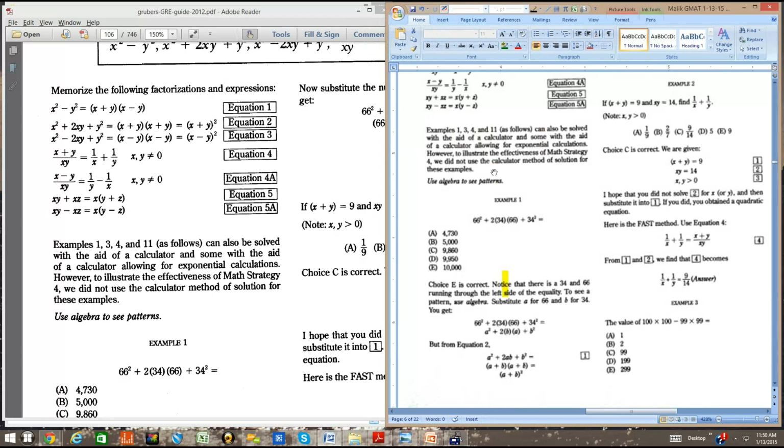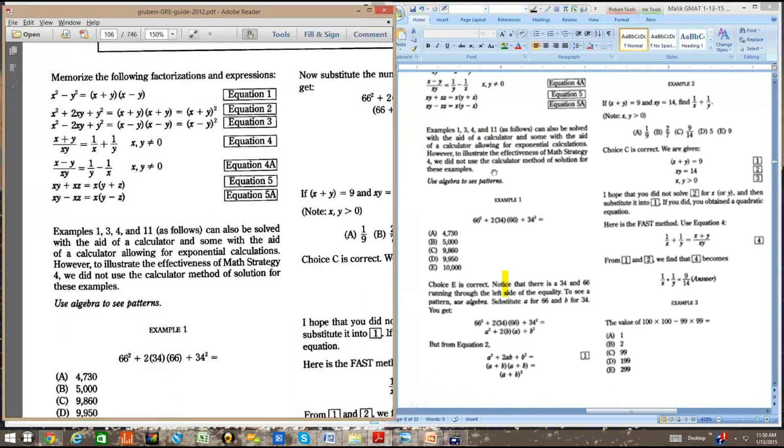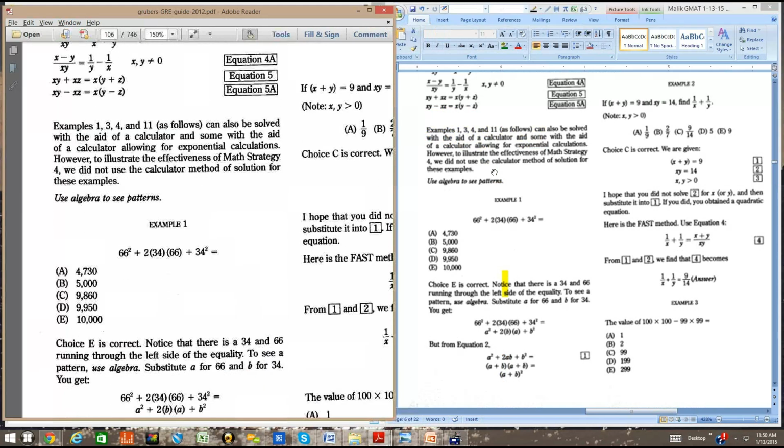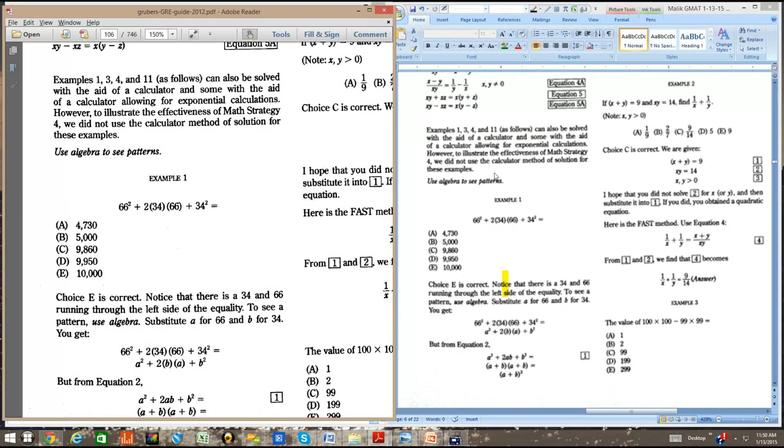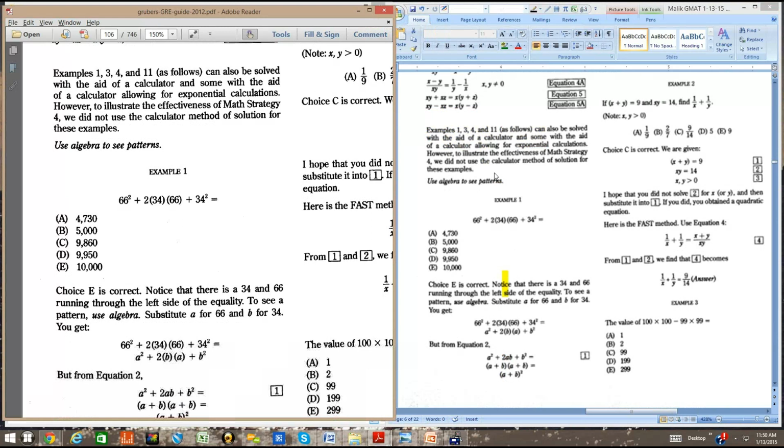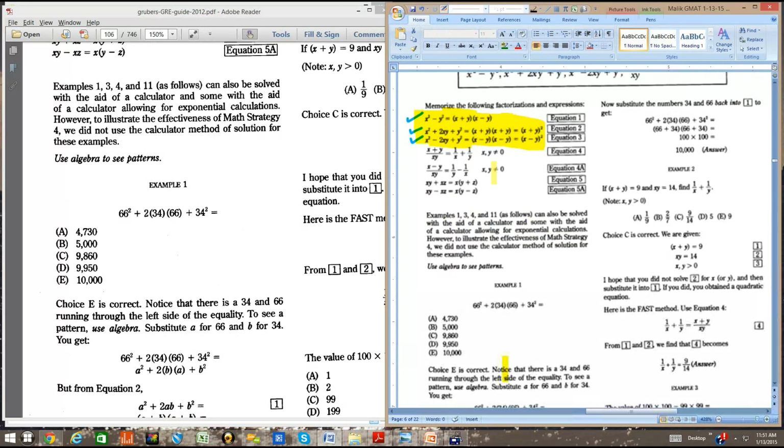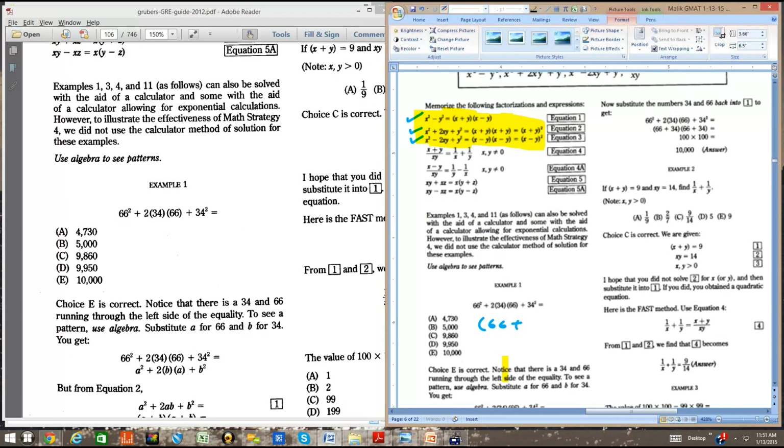Okay, look at example 1: 66 squared plus 2 times 34 times 66 plus 34 squared. That's too much work if you have to do the math. You notice this is using the a squared plus 2ab plus b squared formula. It takes a second. You can do it in your head: 66 plus 34 squared, which is 100 squared, which is 10000.